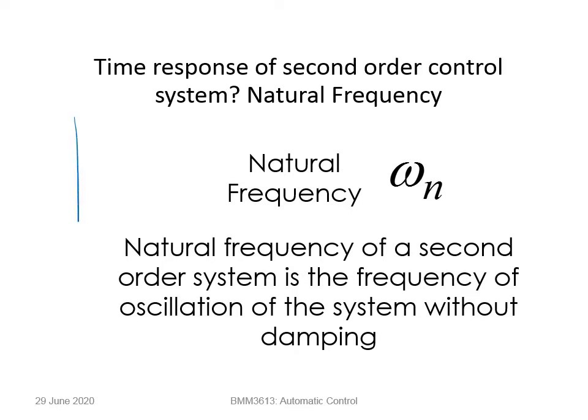So if you remember, let's take an example of an underdamped system. For these two characteristics, natural frequency and damping ratio, it is very obvious to identify them when we look at an underdamped system.